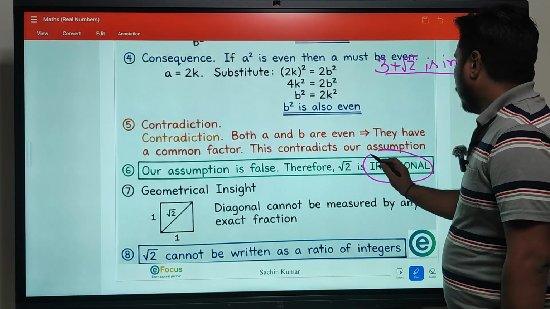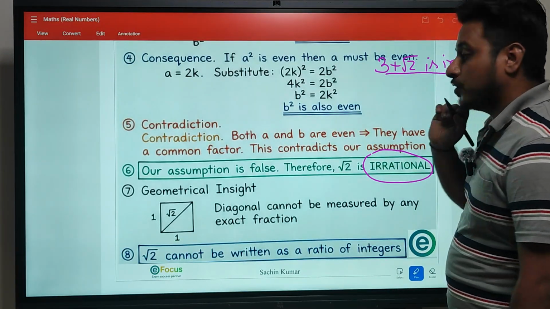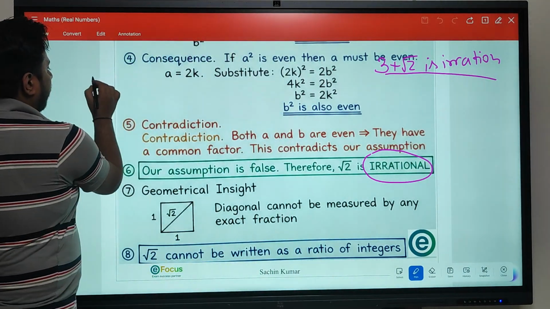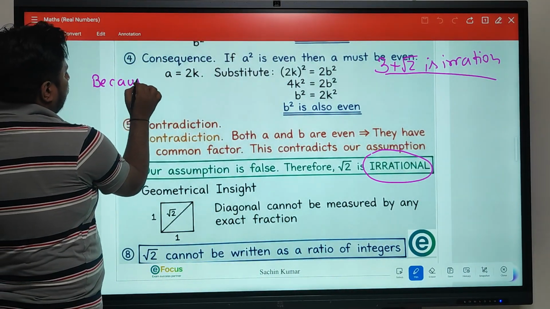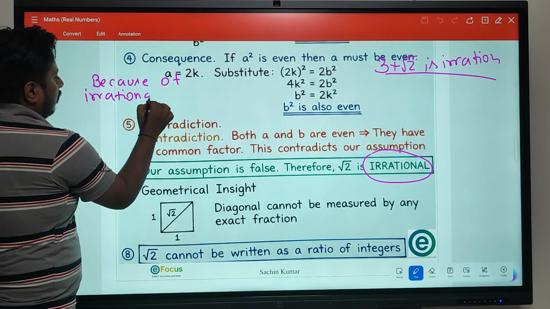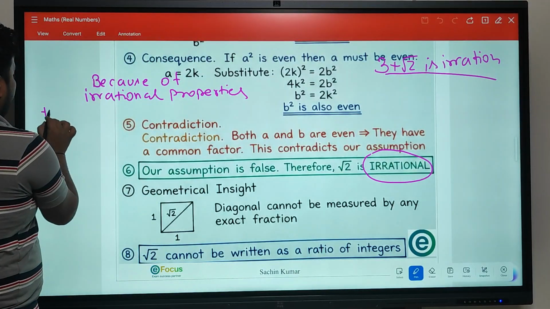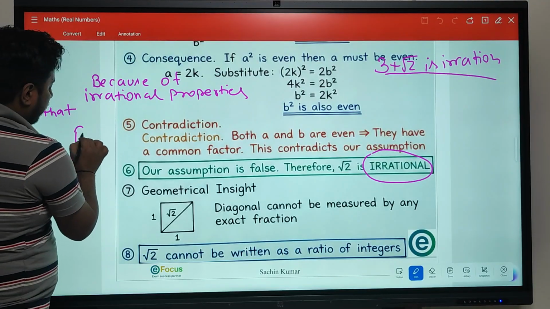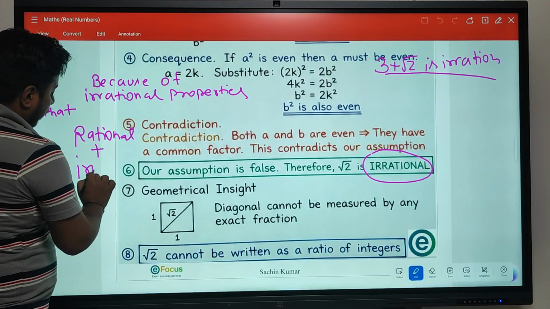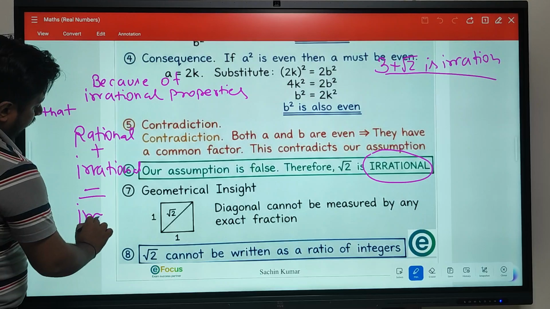After this, you will write that because of the irrational properties, rational number plus irrational number is equal to irrational.